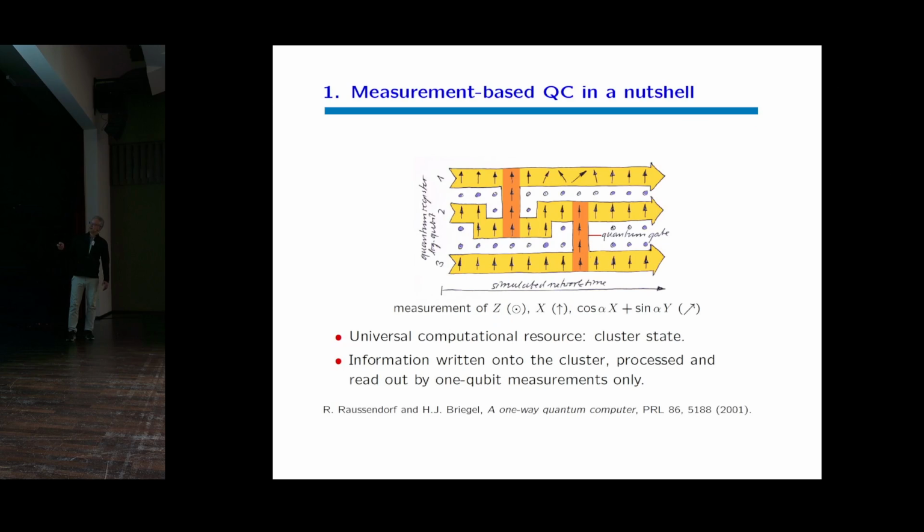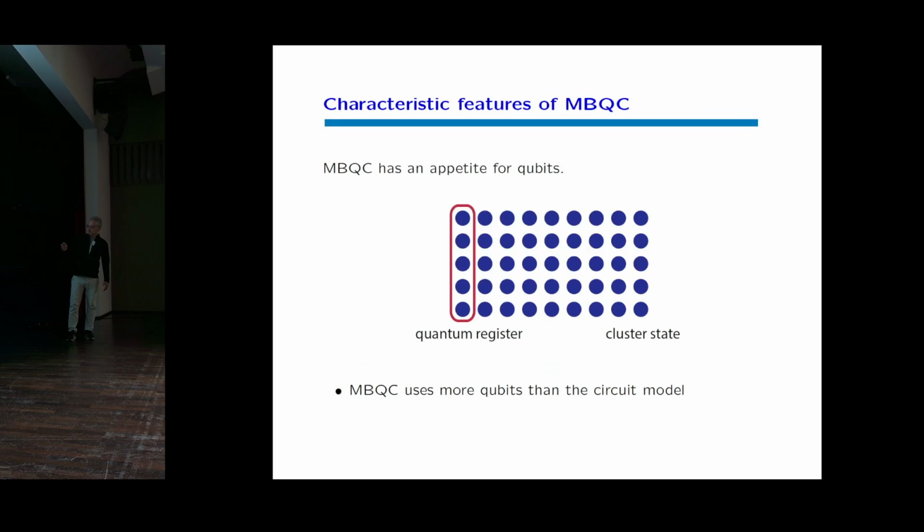So you can think of it, when you think of it as a circuit simulator, as a quantum register in the vertical direction and time in the horizontal direction. So yeah, the number of qubits that you need is the number of qubits in the circuit model times time. Yeah, so you have an increased number requirement.